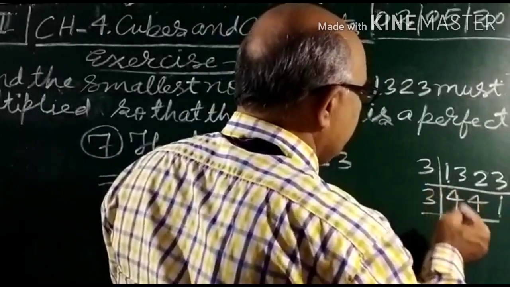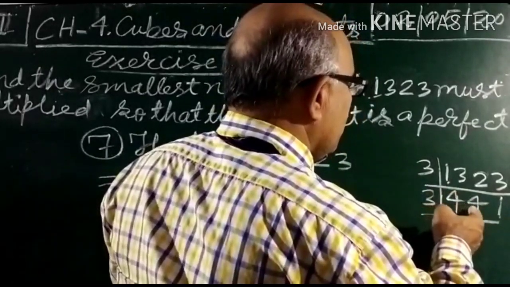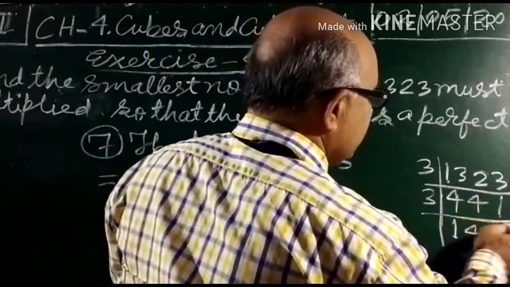Now again 3 times: 3 ones are 3, 3 fours are 12, 3 sevens are 21.